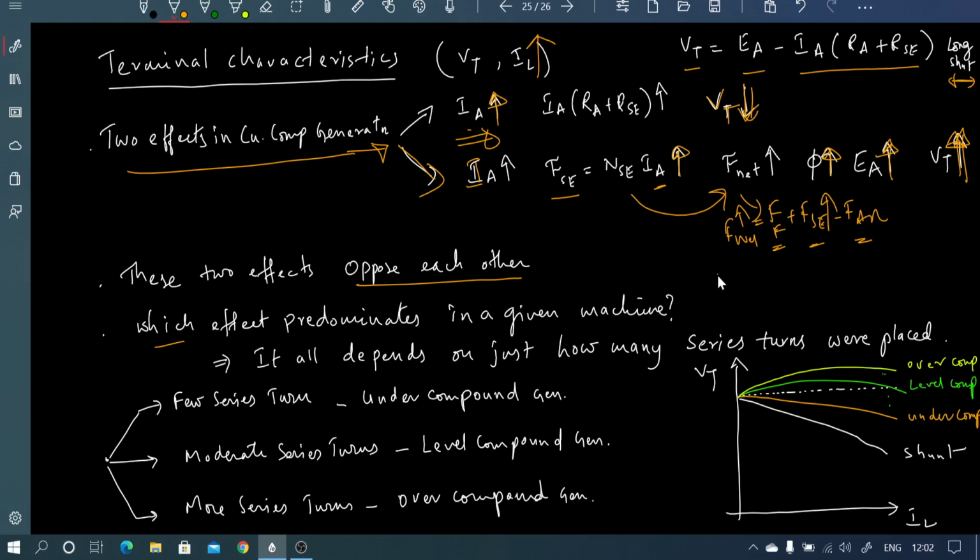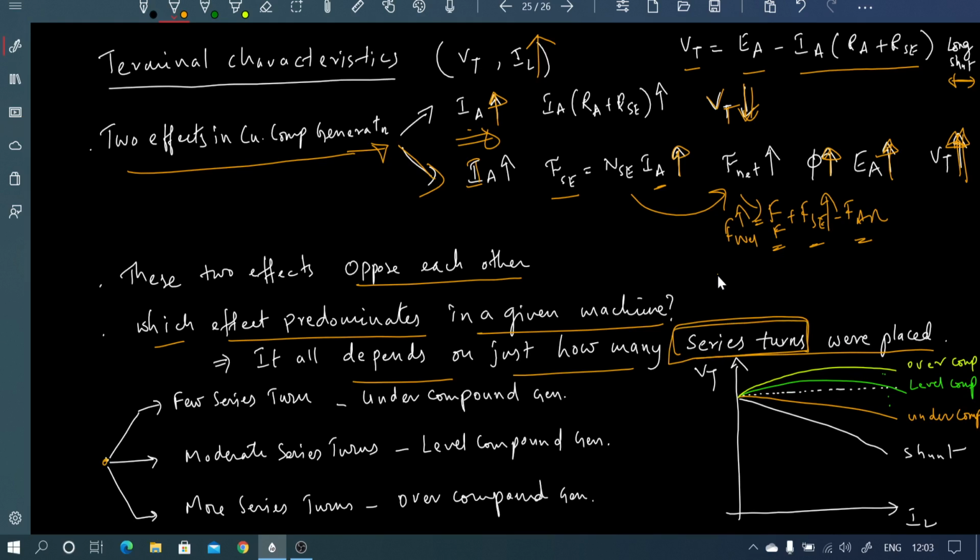Which effect predominates in a given machine? It all depends on how many series turns were placed. So which one predominates depends on the number of turns used for the series field winding.